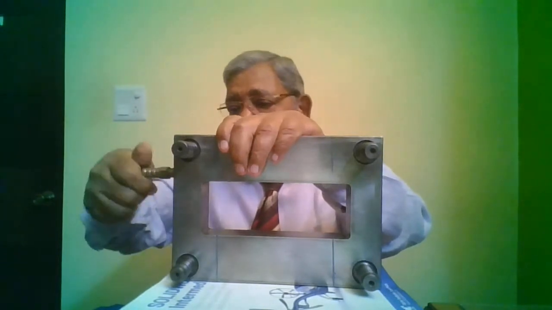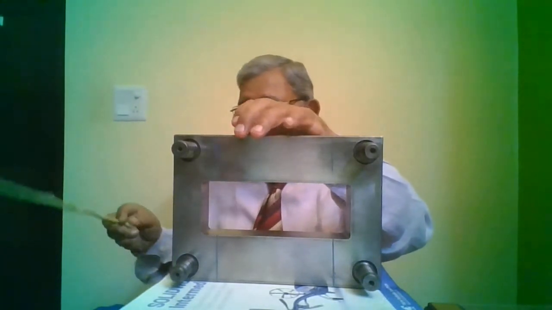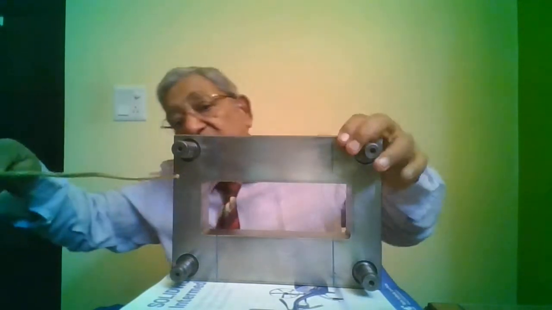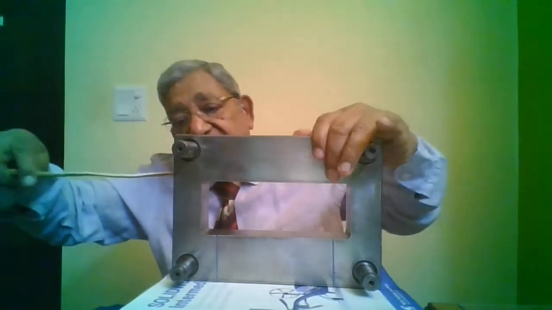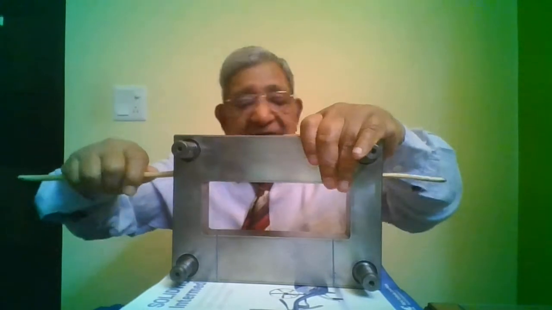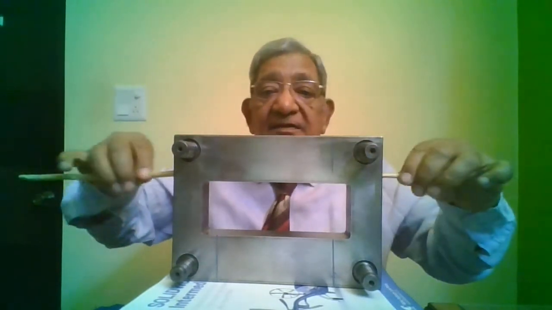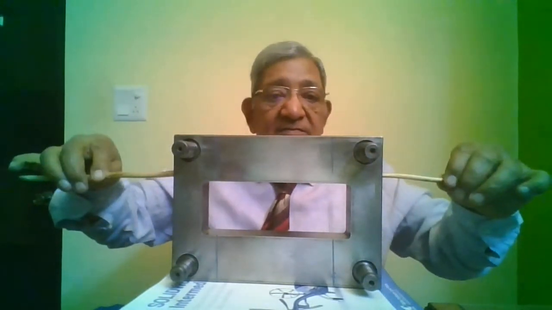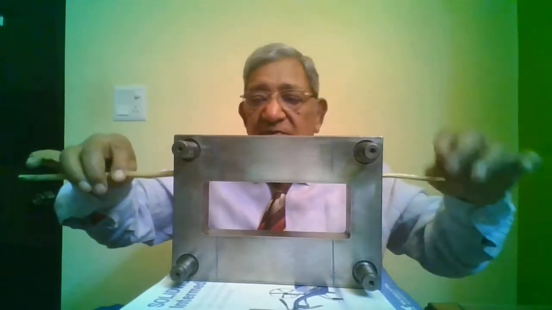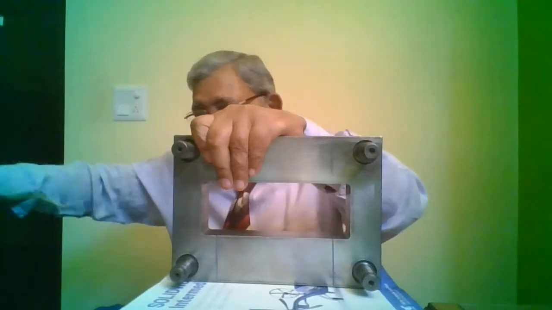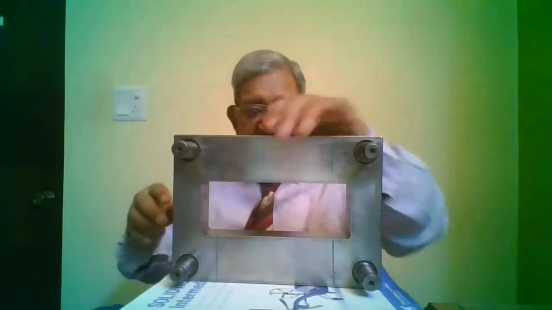Now I will show you that these holes are through holes. I will insert a kind of rod here, and you can see that this is a through hole. These through holes are machined through by drilling.